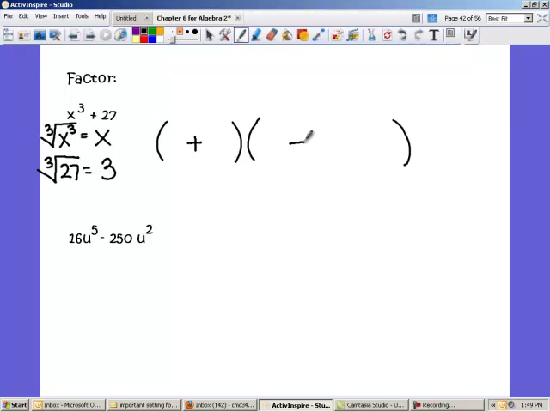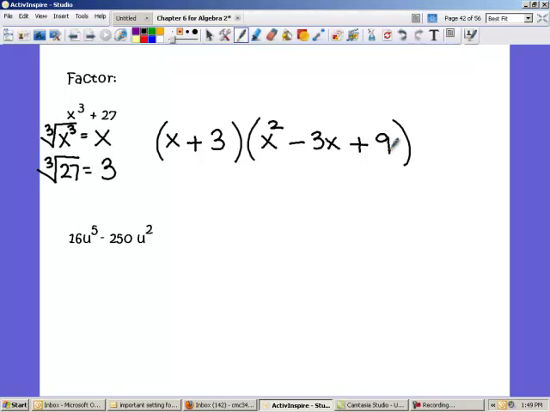Plus minus plus. And you can look back in your notes of how to do this by looking at what goes here and here. But a goes here and b goes here. Then we take the a and square it. Then we multiply a and b together, and then you take the b and square it, and you're done.